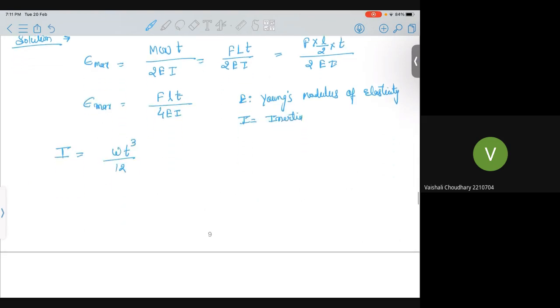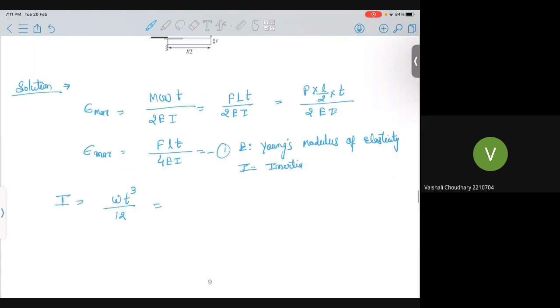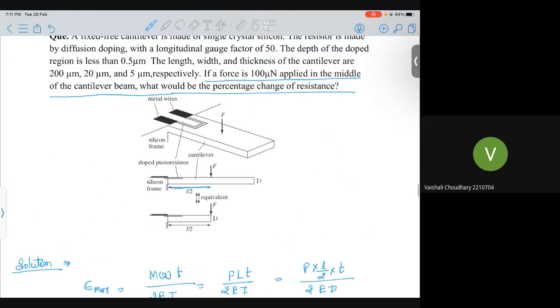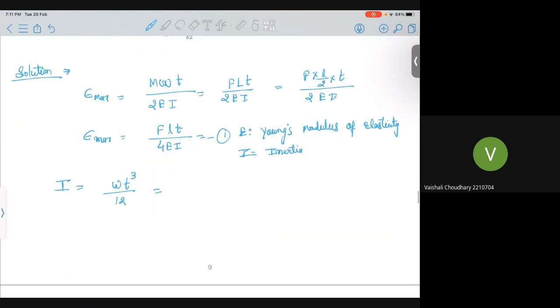So we'll calculate the value of inertia using this formula, and then we'll put the value of I in equation 1. So the width is 20 micrometer, thickness is 5 micrometer, and this is 12.